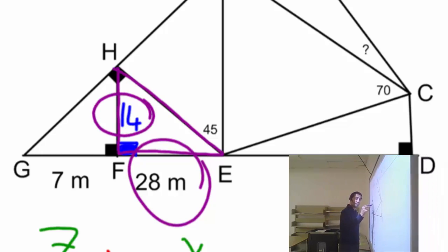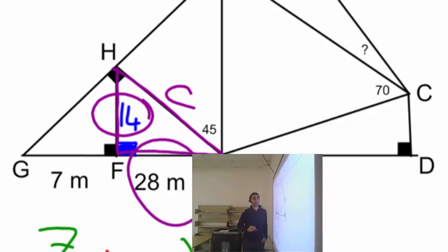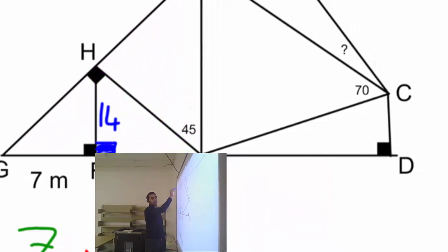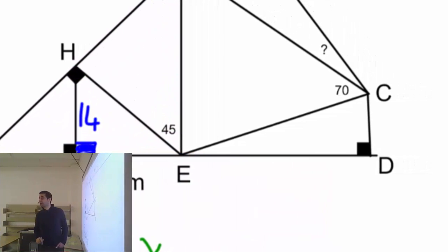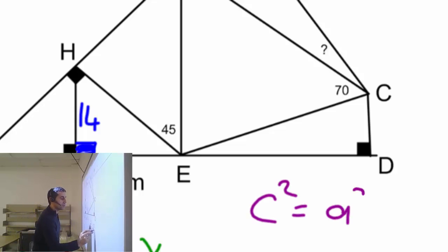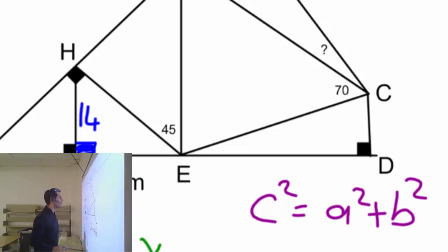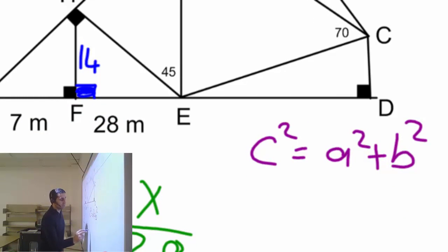That means I can figure out this, which is C. So let's use the Pythagorean theorem. C squared equals A squared plus B squared. And C is the one I don't know. Let's keep it as C.